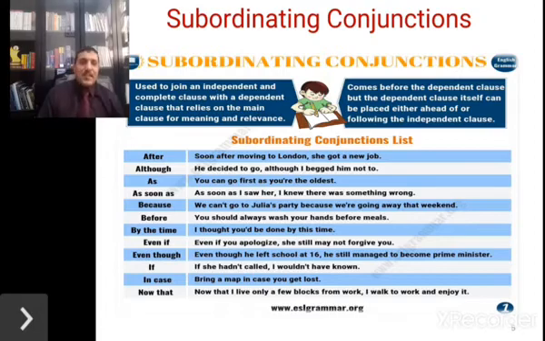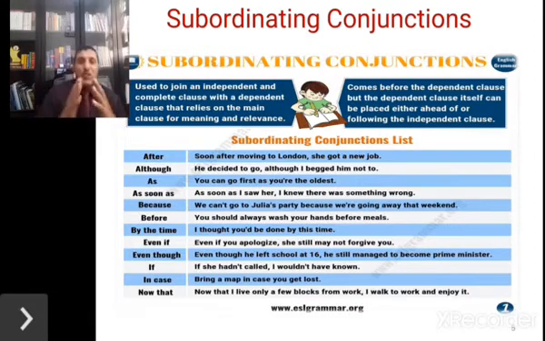It comes before the dependent clause, but the dependent clause itself can be placed either ahead of or following the independent clause. Simply, we have some examples, and in this slide some subordinating conjunctions. Okay, first in the list, we can observe that the first one is after.